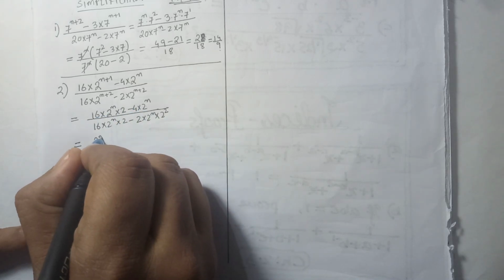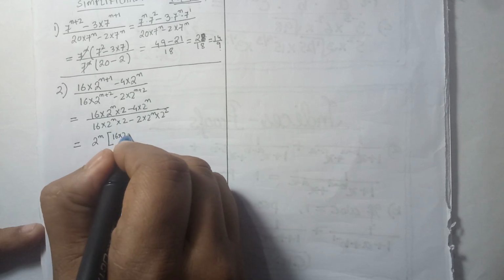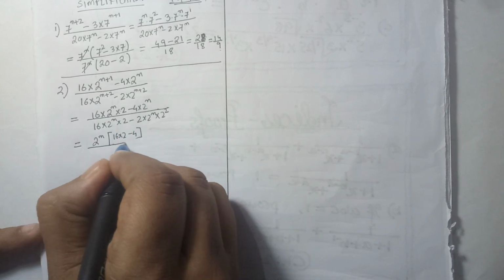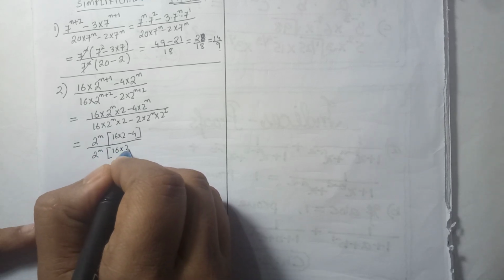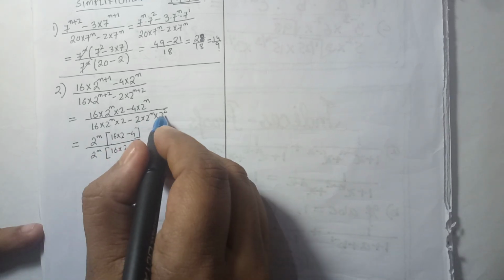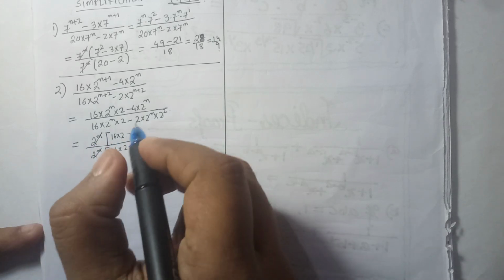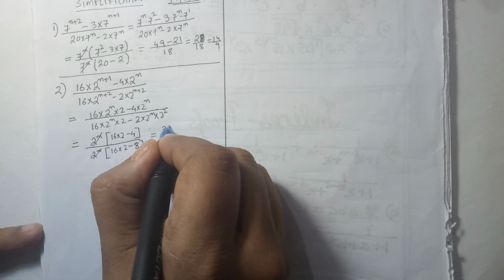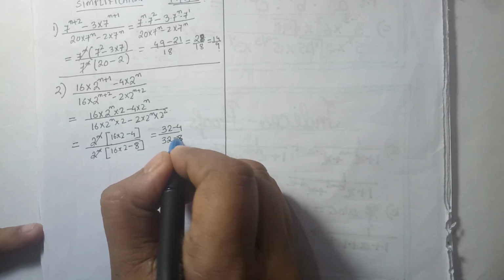2 to the power of n common, 16 into 2 minus 4, by 2 to the power of n common, 16 into 2 minus 2 into 2 square is 8. Cancel. 32 minus 4 by 32 minus 8.